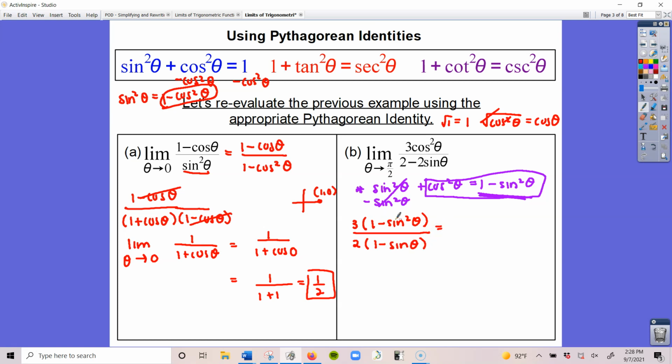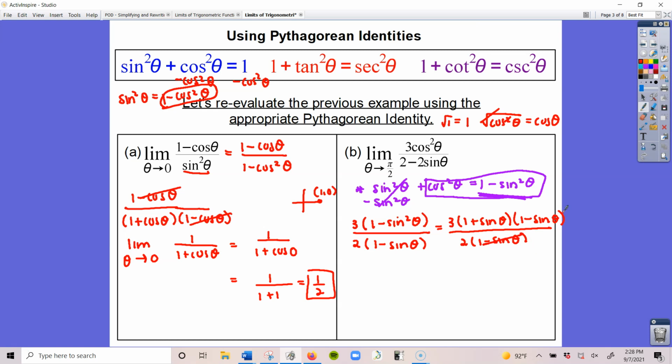Now, just like in the previous example where we saw 1 minus cosine squared is a difference of squares, so is 1 minus sine squared a difference of squares. So this can be factored as 3 times 1 plus sine theta, 1 minus sine theta, all over 2 times 1 minus sine theta.